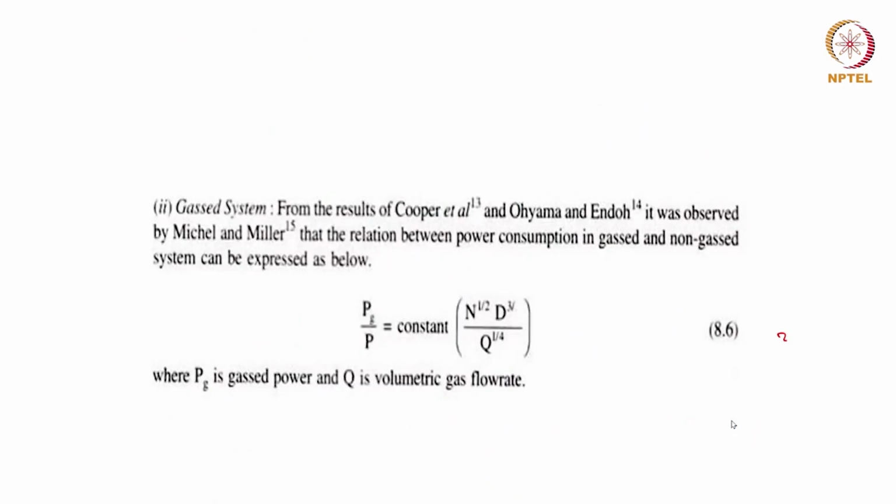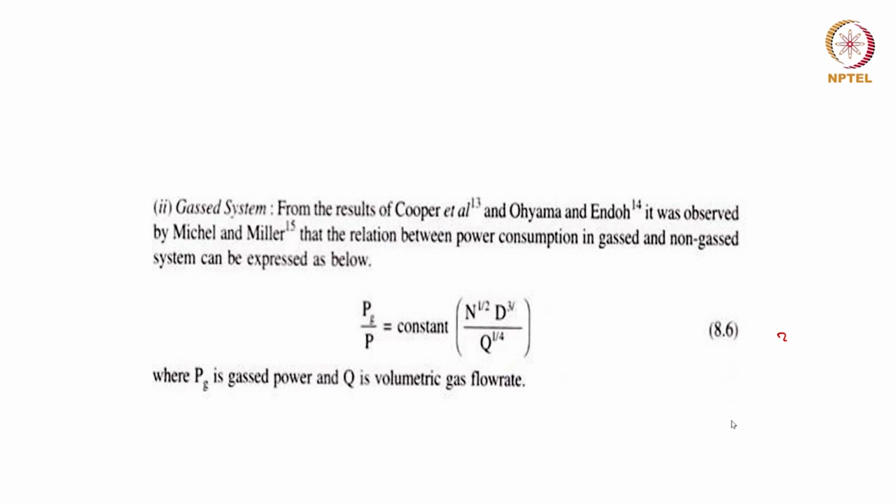So if we have a gas system, so right now the power per unit volume, the P naught was the ungassed power requirement. So if we have a gas system, will there be a variation in the correlation between the impeller speed and the diameter ratio?